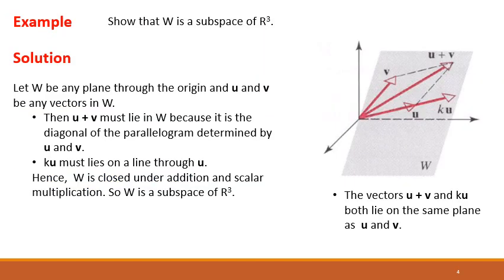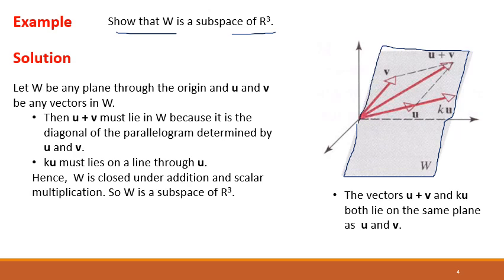In this example, we will show that W is a subspace in R cube. Let W be the gray colored area in this diagram. This is W, which is a subspace in R3.